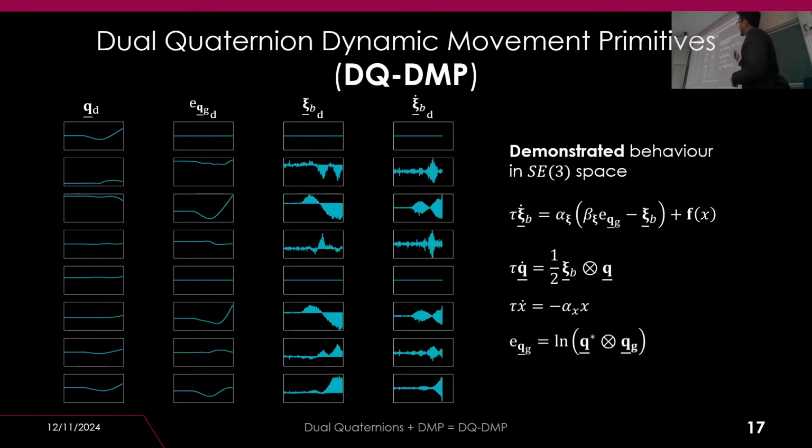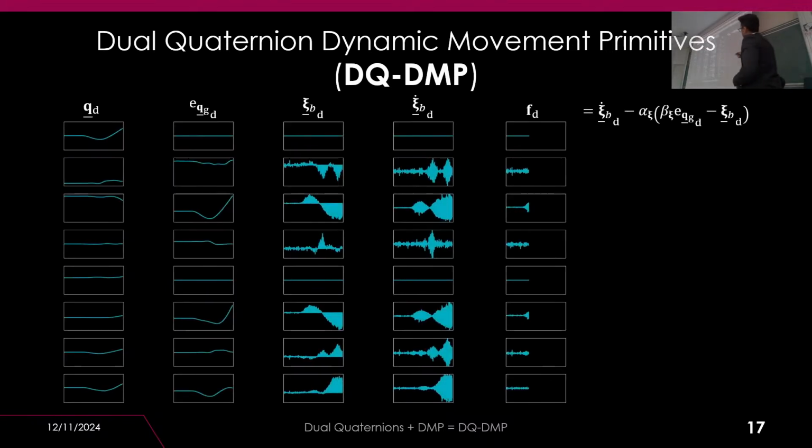Now we compute the derivative of this twist, which is analogous to the acceleration in both position and orientation, so basically angular and linear acceleration. And these allow us to compute the approximate forcing term. As you may notice, this is noisy data.